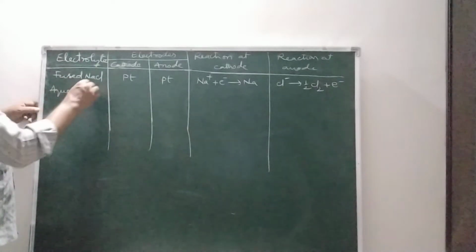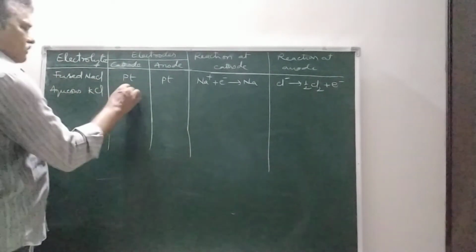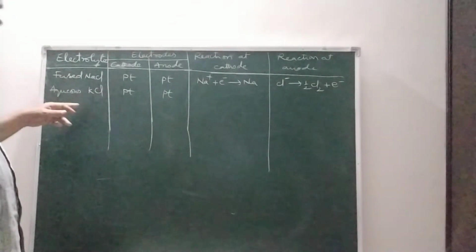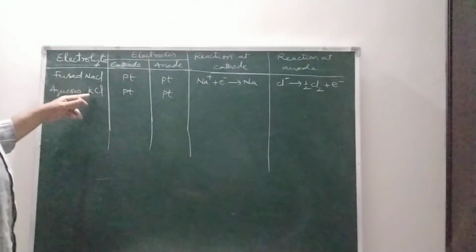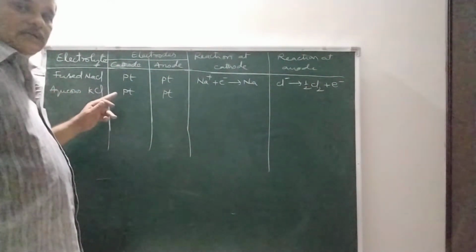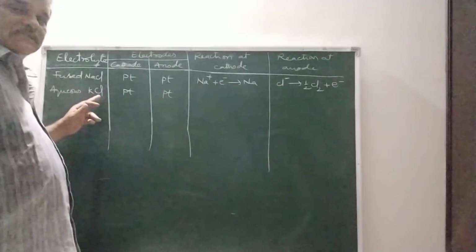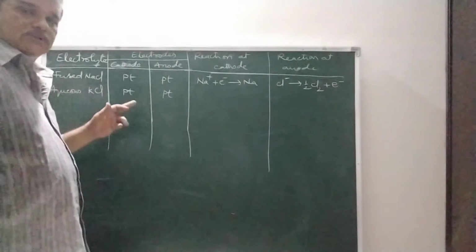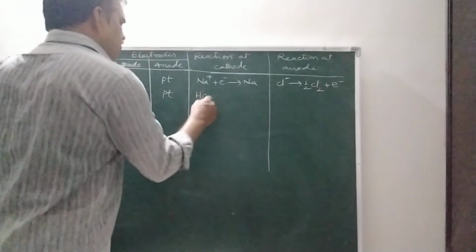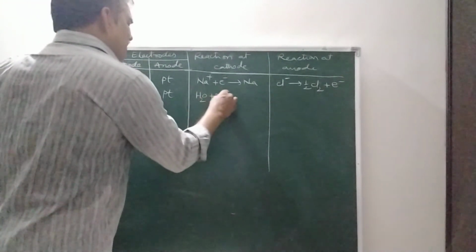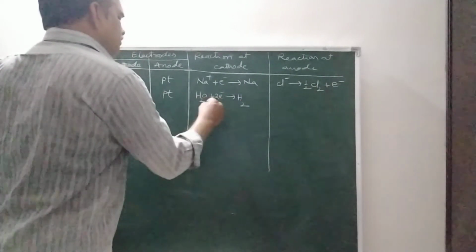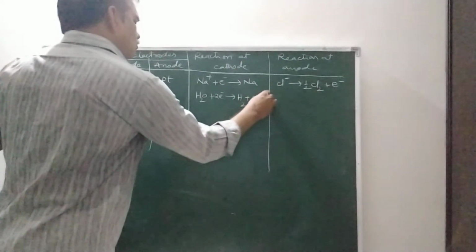Aqueous NaCl we discussed. I am taking aqueous KCl using platinum electrodes. So in aqueous KCl, at the cathode, two types of ions are present, K+ ions and H+ ions. Among these two, H+ ions have low discharge potential. So hydrogen is formed. So H2O plus 2 electrons convert into H2 plus 2 OH-.